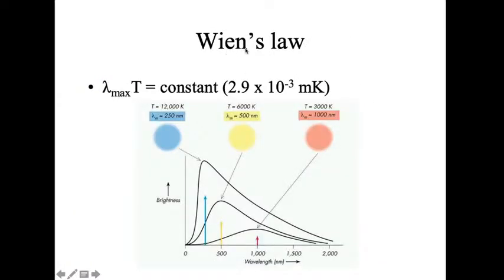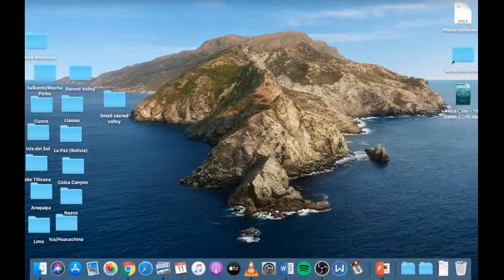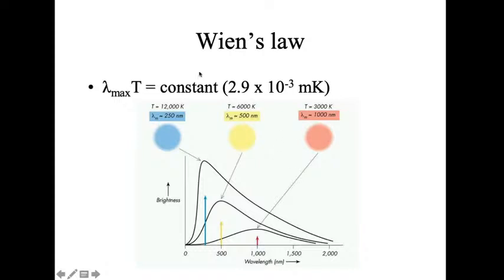Here is Wien's law. Here's Wien's law. This is also given on the formula sheet. It looks a little bit different. They have the maximum wavelength is equal to this constant divided by temperature.